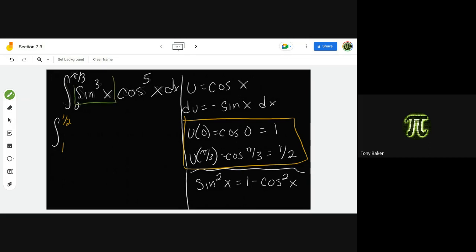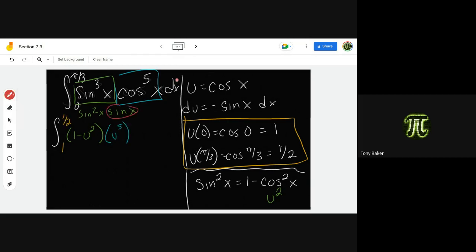Now, sine cubed x is sine squared x times sine. So I'm going to make the sine squared x the 1 minus, and that's u squared. Cosine to the fifth x is just u to the fifth.